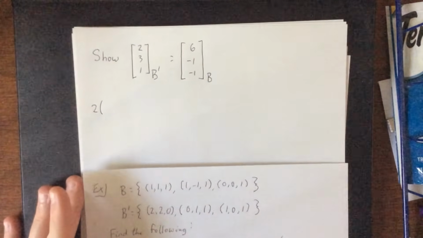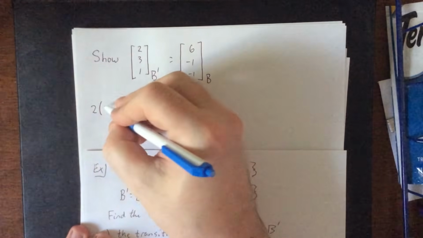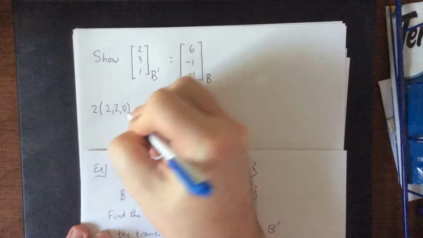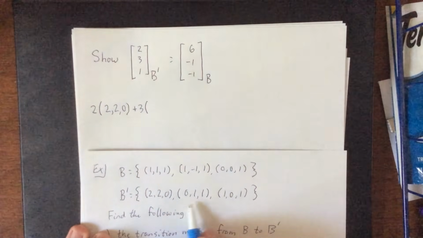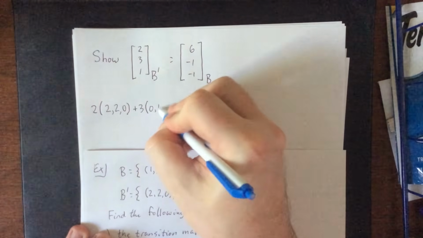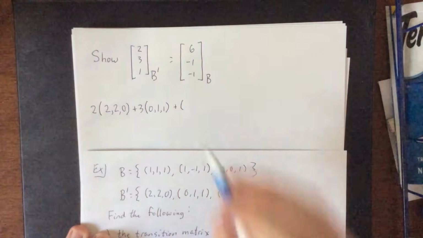Let's bring those back onto the camera so that we can copy them down. So the elements of B prime are 2, 2, 0, plus 3 times 0, 1, 1, plus 1 times the third one, 1, 0, 1.